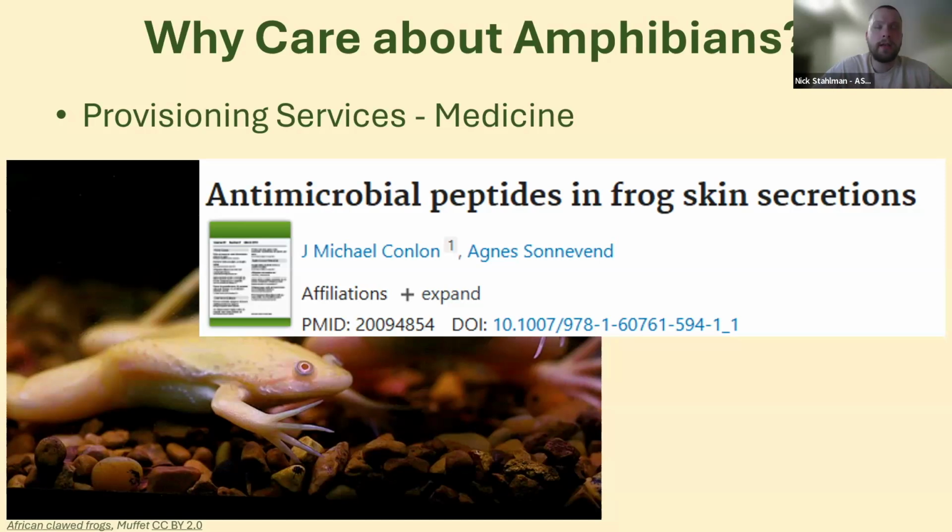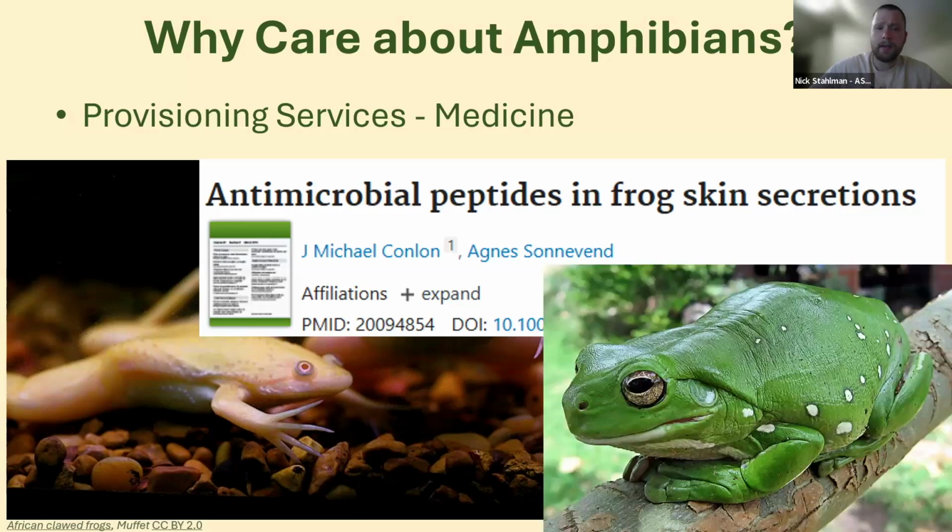So it really means that there's limited need to capture frogs to keep obtaining these peptides once it's been found out that they're useful. For instance, this lovely guy is the Australian green tree frog. If you were into the frog pet trade, you might have also heard it called the dumpy tree frog, which I think is an unfortunate but appropriate name.